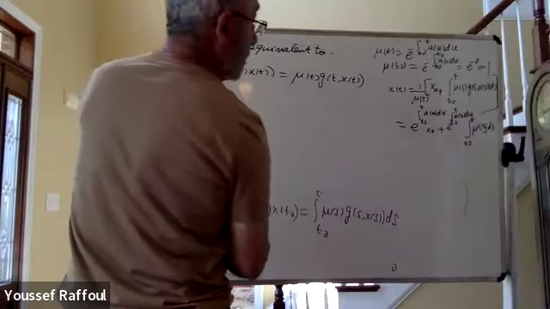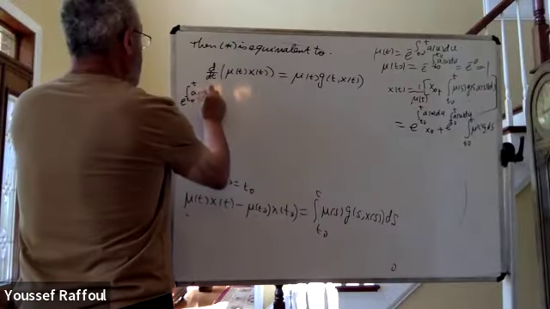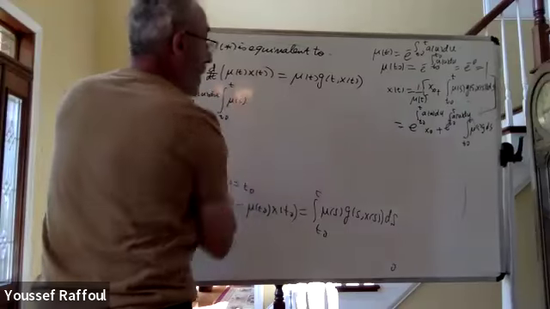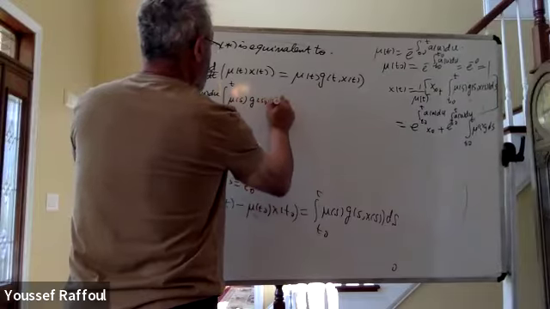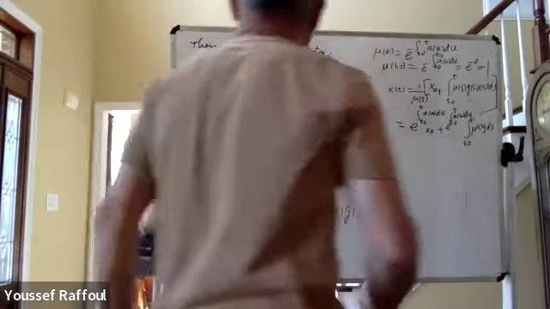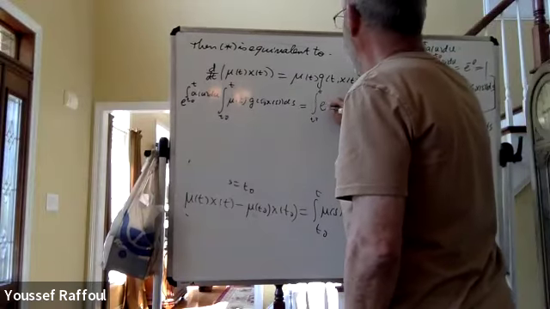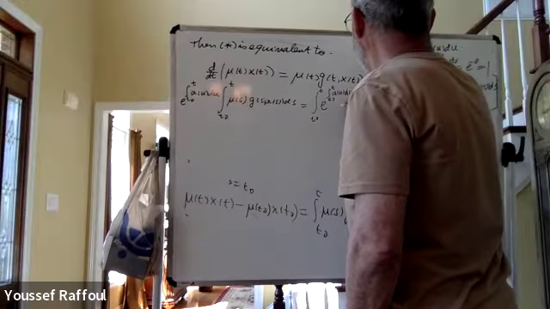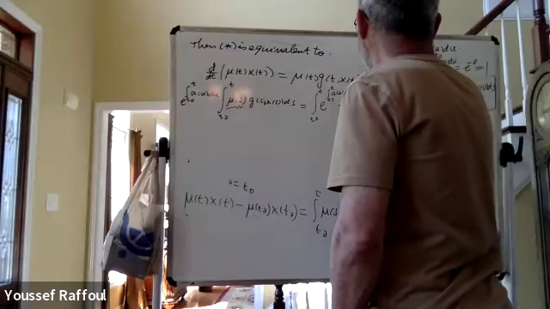Let's take a look at e to the integral from t naught to t of a(u) du times the integral from t naught to t of mu(s) g(s, x(s)) ds. So that is equal to the integral from t naught to t of e to the integral from t naught to t of a(u) du times this mu(s), that is e to the minus integral from t naught.